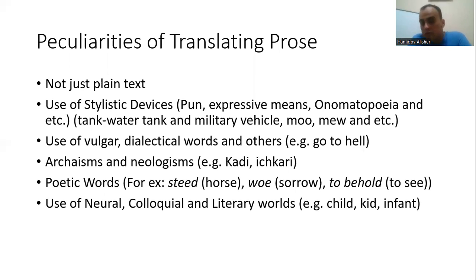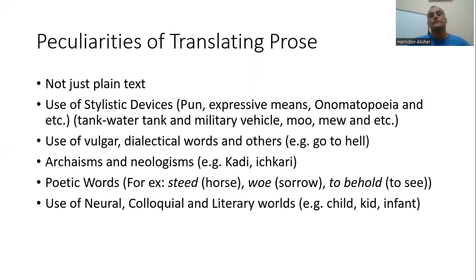One of the vulgar words can be "go to hell," right? And the dialectical words in Uzbek, in Russian, you know them very well. For example, in Uzbekistan we have so many dialects: Tashkent, Fergana Valley, Bukhara, and others, right? Kharazm dialect.